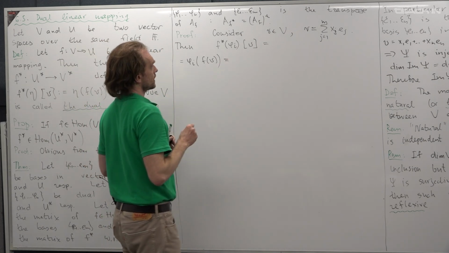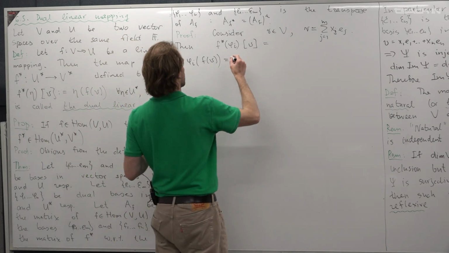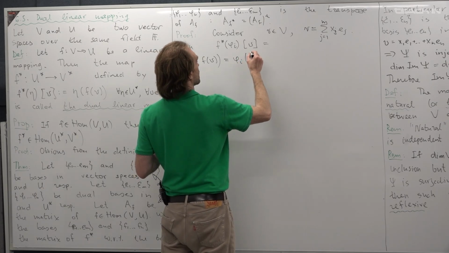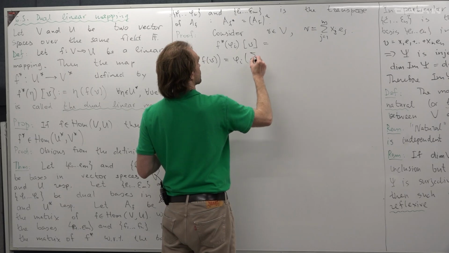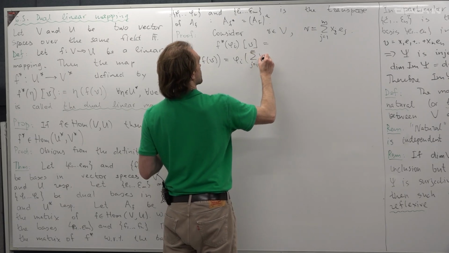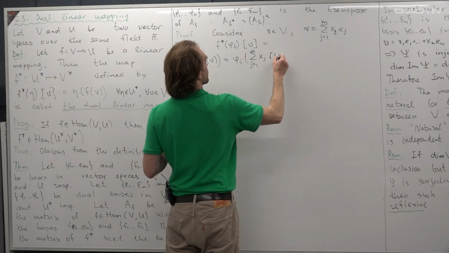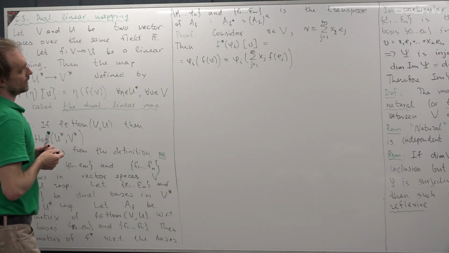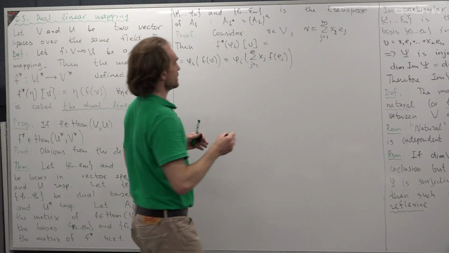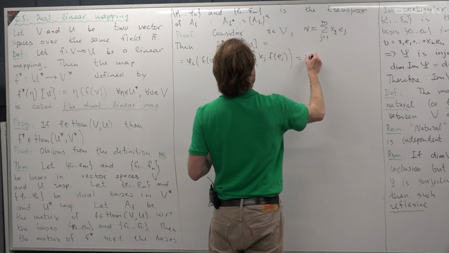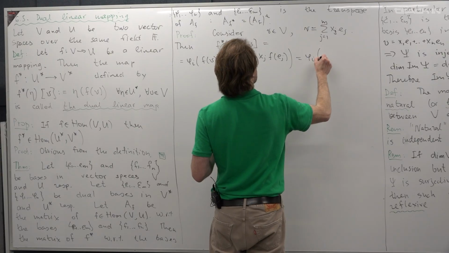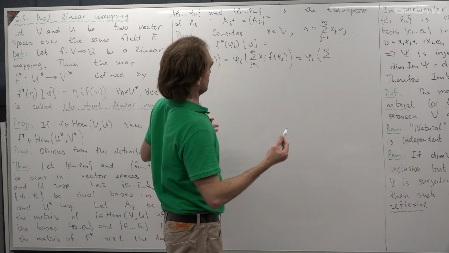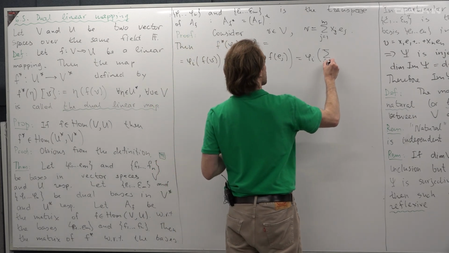And now let us substitute the expansion of v here. So we get the sum where j ranges from 1 to m, x sub j, f of e sub j. This follows from the property of linearity. And now we can write down the expansion of this vector with respect to the vectors of the second basis.